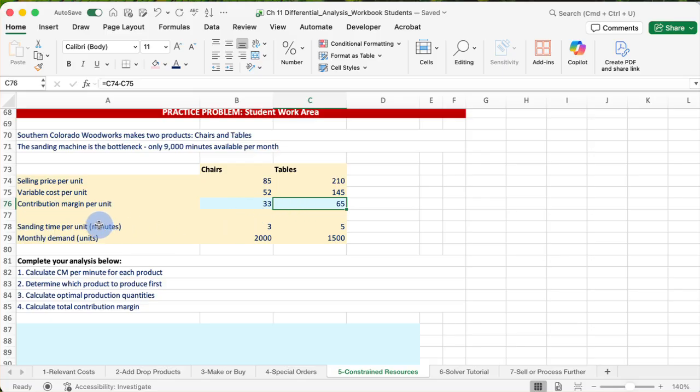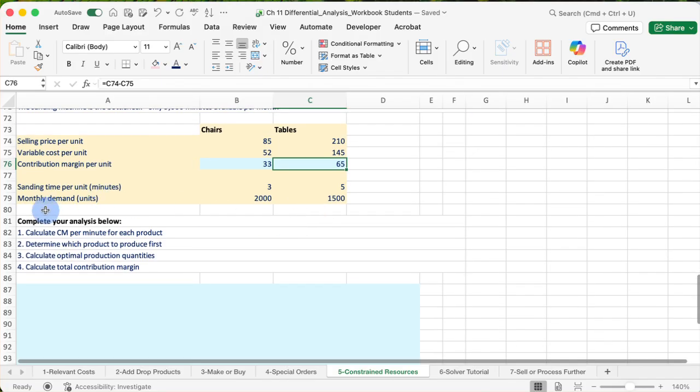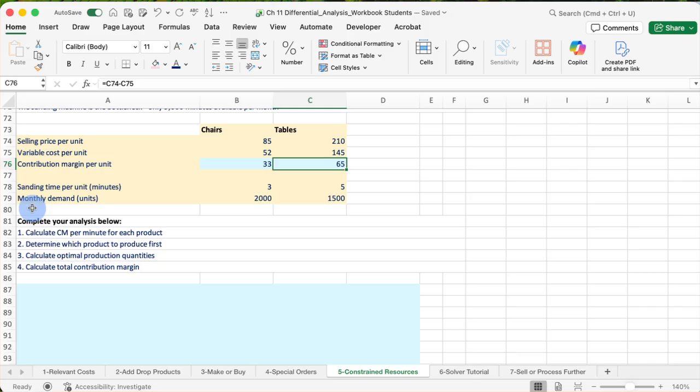We also see here that the sanding time for the chairs requires 3 minutes, and for the tables requires 5 minutes. And that as far as monthly demand goes, we have demand of 2,000 chairs and 1,500 tables.